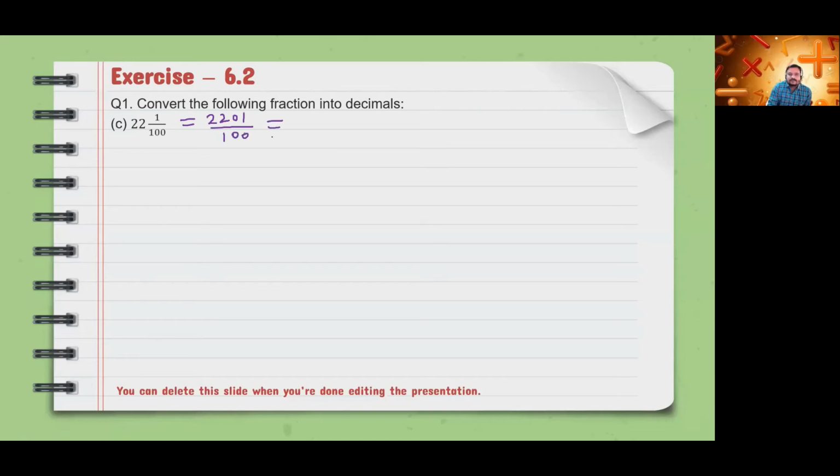Now two zeros are there in the denominator, so where will we put the decimal point? Sir, our answer is 0.0220. Wrong. What I told, 2 zeros are there in the denominator, so after the decimal point only 2 digits should come. So 1 will come after the decimal point and 22 before it. So 22.01 is the answer.